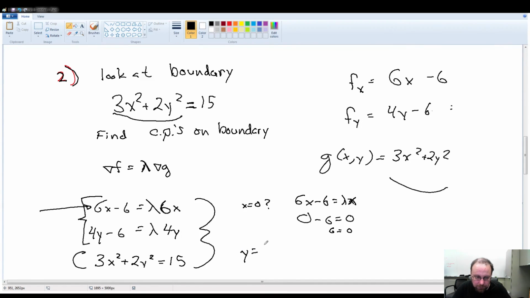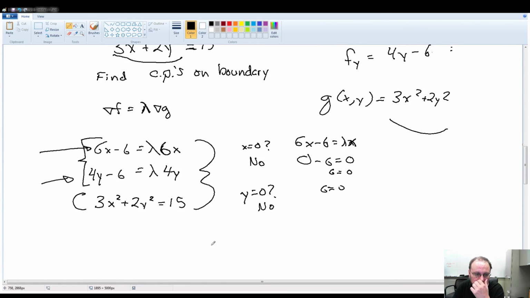And for the same reasoning, if you look at the second equation, you can quickly reason that y cannot be 0, because if it were, you'd get 6 equals 0. So neither x nor y is 0. We can divide by x and y, right? Okay. So looking at the first equation, I can divide both sides by 6x in order to solve for lambda.